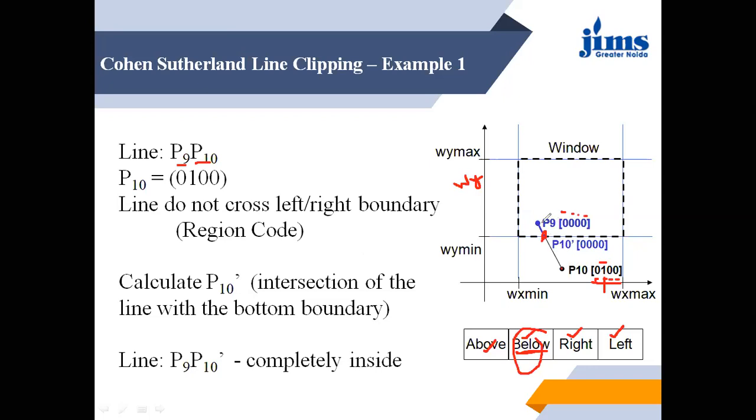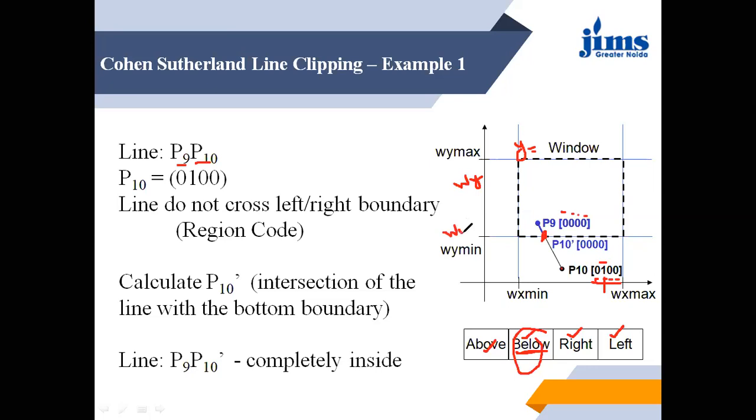And when we have 2 points of a line, then we can find out the third point of the line by using the equation of a line, that is y equals mx plus c. As in this case, this line crosses the x-axis over here. It means we know the value of y, and the y value is Wy min.